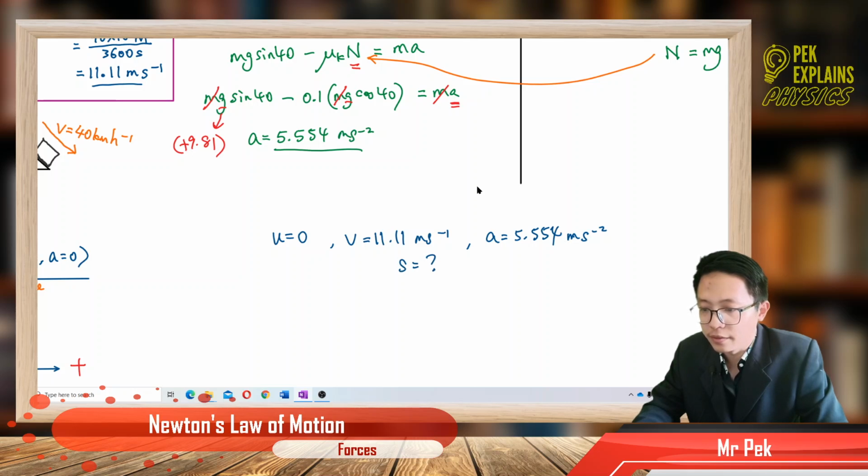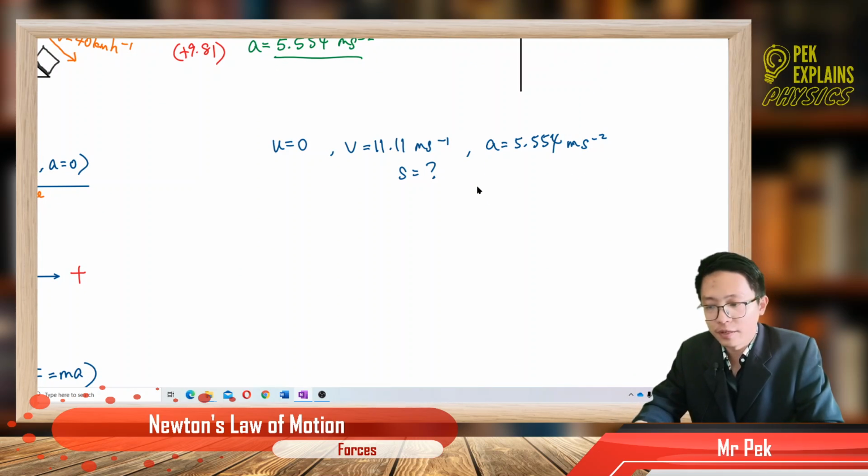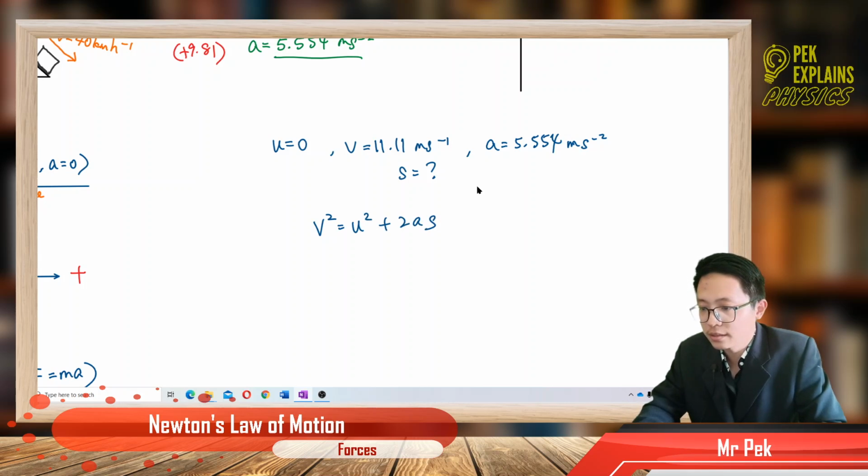To find the displacement, we use the formula from kinematics of linear motion, chapter 2: v squared equals u squared plus 2as.